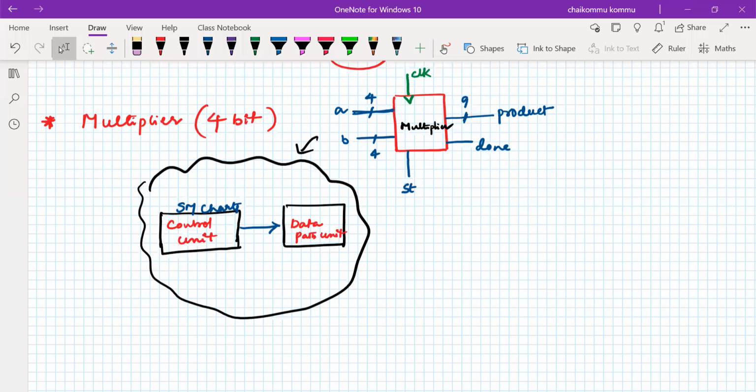I want to multiply two numbers. One is 13, and the next one is another number.